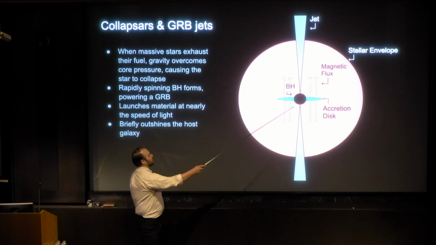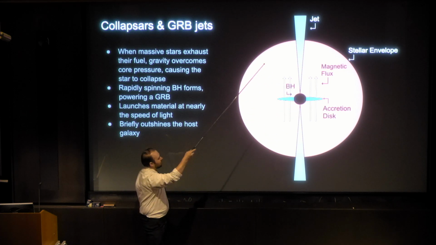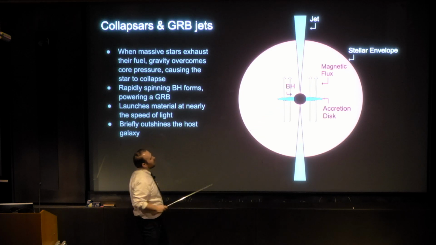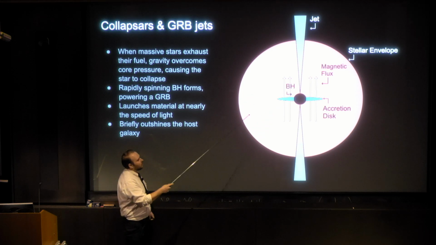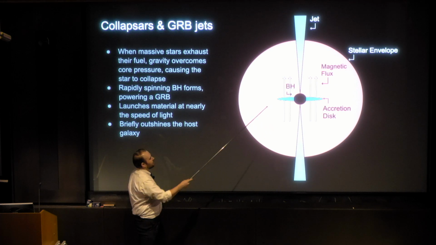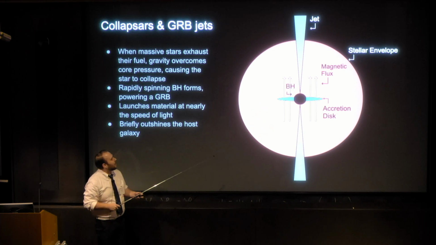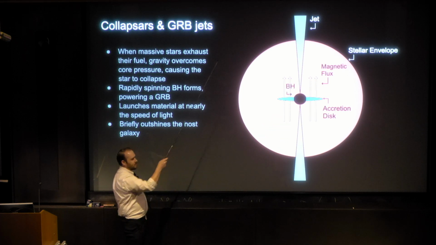As the accretion disk forms around the black hole, the magnetic field lines that were originally streaming through the stellar envelope of the star are now being accreted onto the black hole. The black hole is spinning near the speed of light, and its rotation causes these magnetic field lines to rotate around the black hole, creating essentially a particle accelerator.